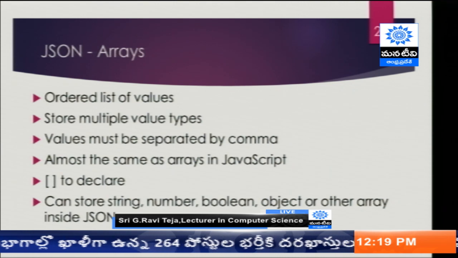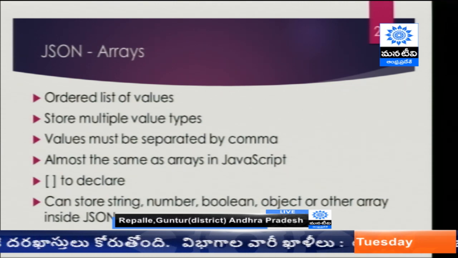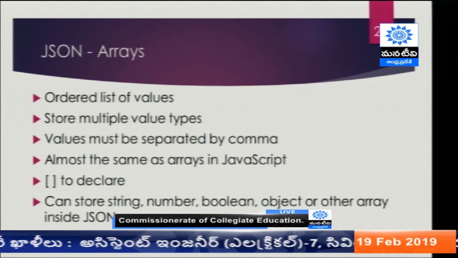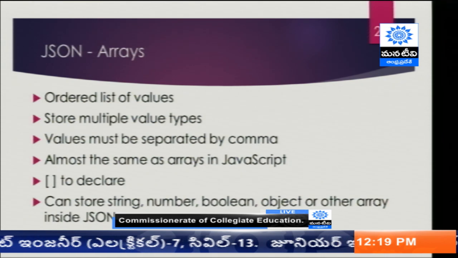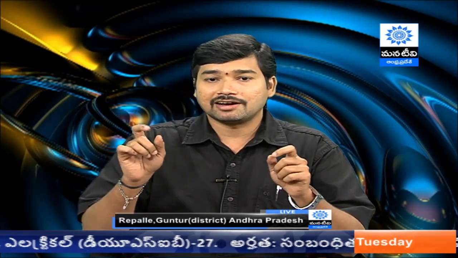Later we discuss arrays. An array, as we all know, is a collection of values, and it must be an ordered list of values. We use arrays to store multiple values in our JSON, because in XML we do not have that facility to store multiple values as a single entity. In JSON, by using an array we can store multiple values, and whenever we store multiple values for a single key name, they must be separated with commas.